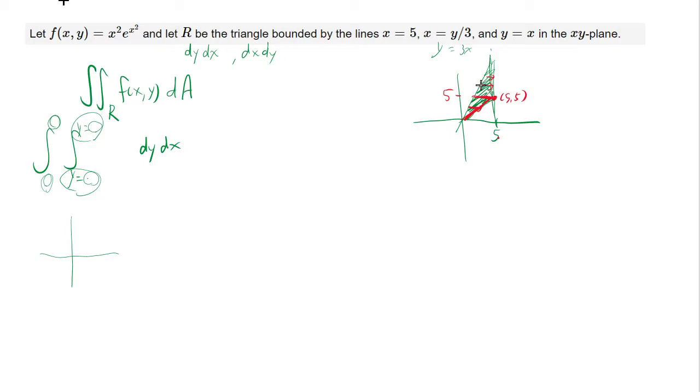So above 5, you start from this line and end at 5, whereas below 5, you start from this line and end at this line. So the beginning and end are not uniform. That will make the integral expressible only as two integrals. You can't express it as a single integral.